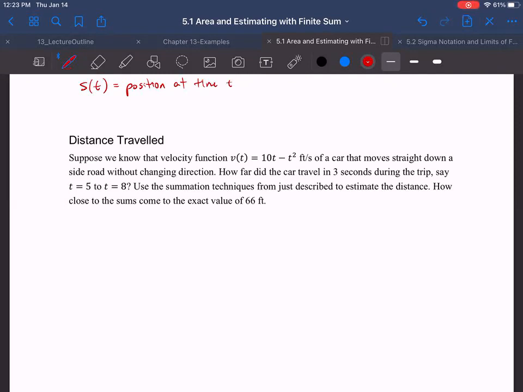If you remember this from calculus 1, we take the first derivative of position, in other words the change in position, and that's our velocity as a function of time. And if we take the first time derivative of velocity, we get acceleration.